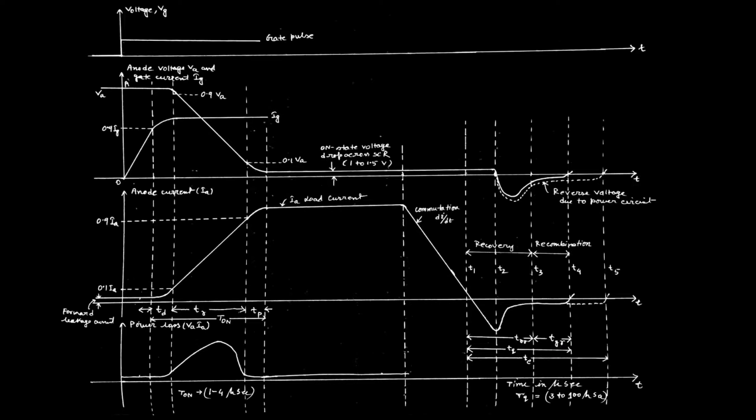Then we can say the device will be in the off state. That is why it will take more time, so the graph will be extended up to the point T5. This is the actual time duration in a practical application or power circuit.